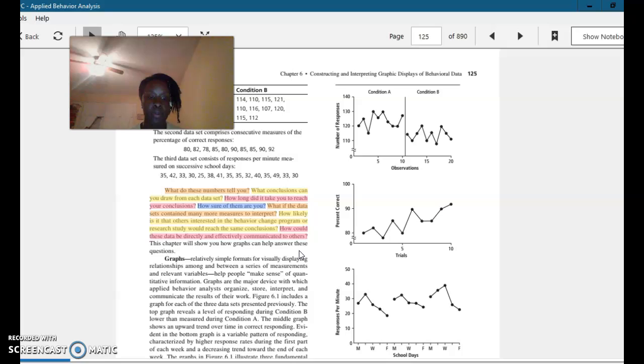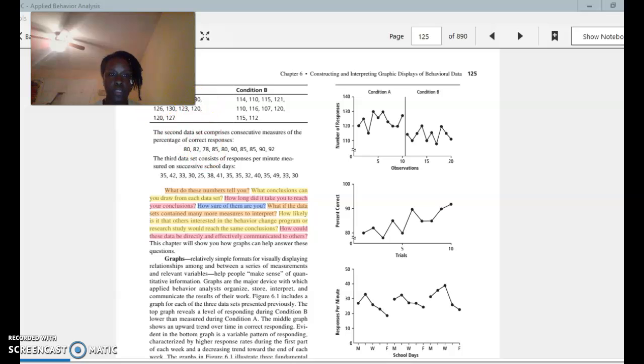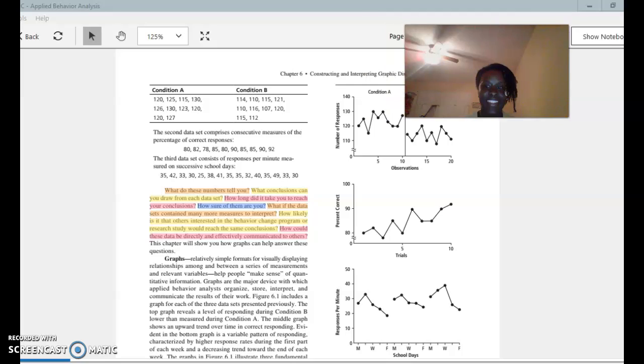So, for example, the data from this graph was extracted from this list of data right here, which was condition A and condition B. See if you guys can see that.